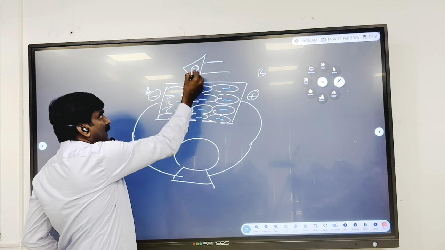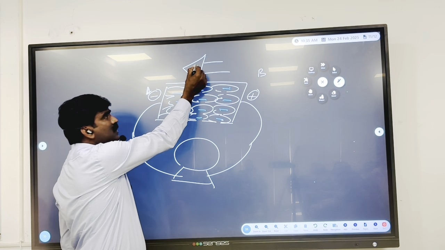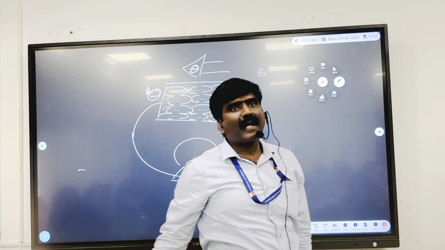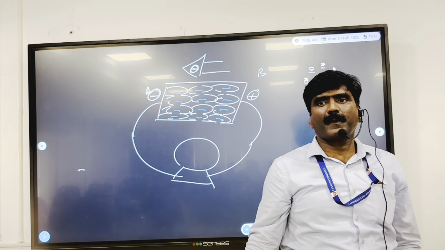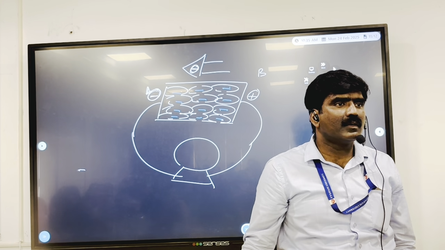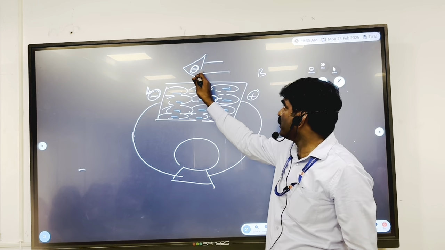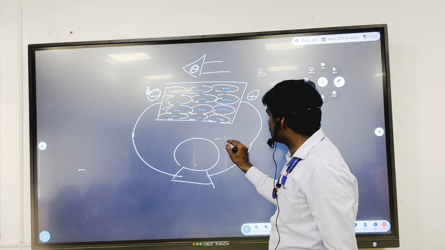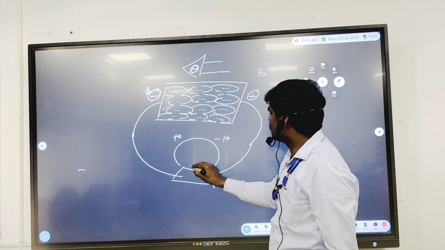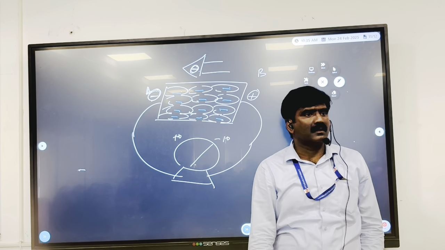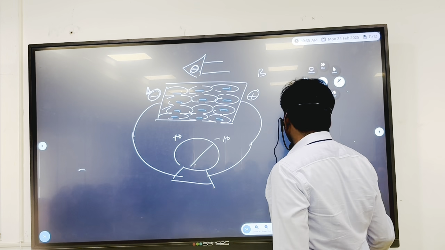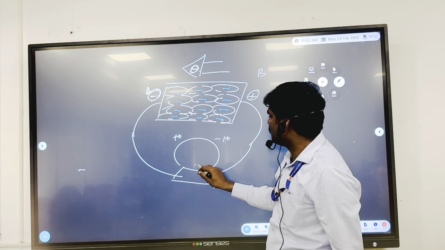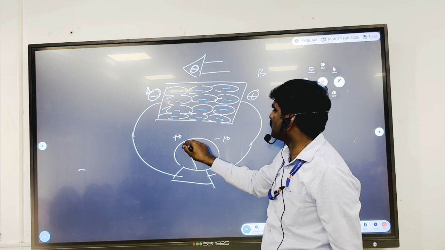The negative vector is moving towards the negative electrode. Again the deflection will be positive. This is minus 10, this is plus 10. When the negative is moving towards negative, deflection will be positive.